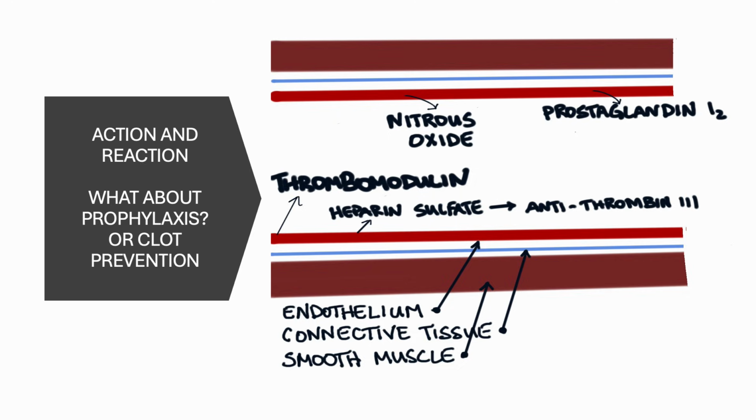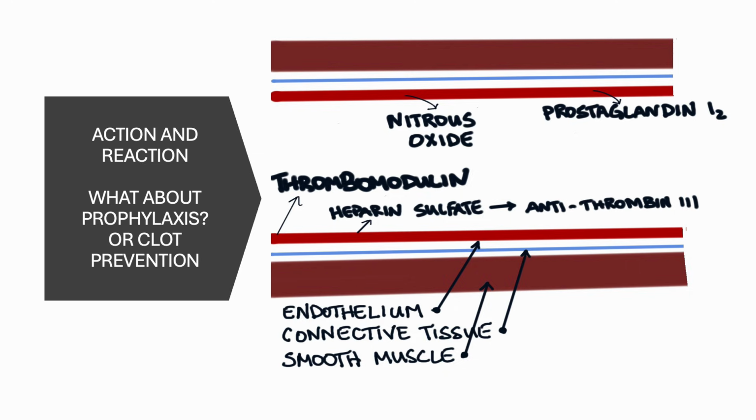These keep the blood flowing. Nitric oxide causes vasodilation, protects endothelial cells, and inhibits aggregation of platelets. Prostaglandin causes vasodilation and inhibits activation of platelets and their adhesion.